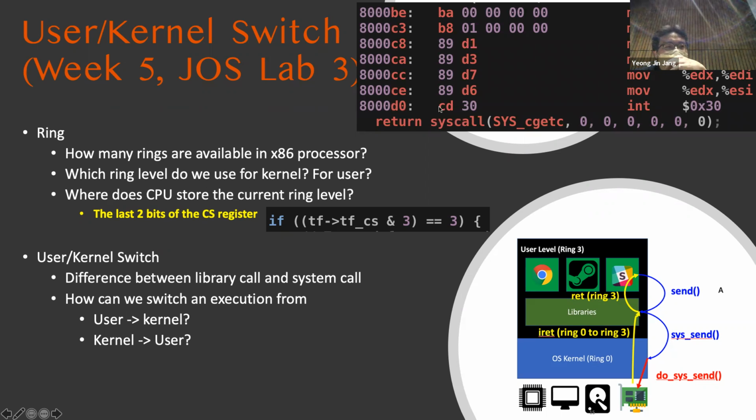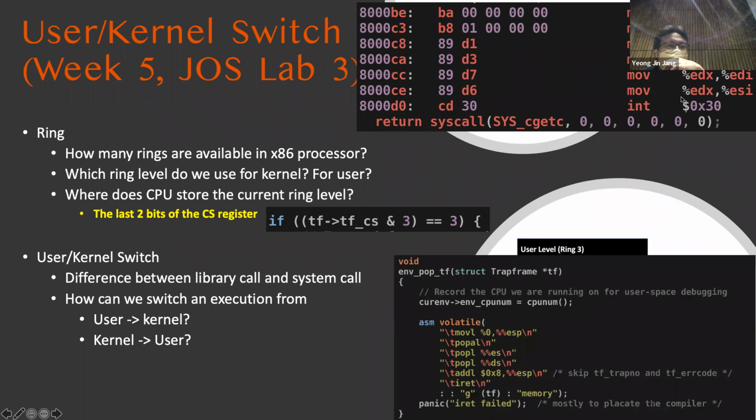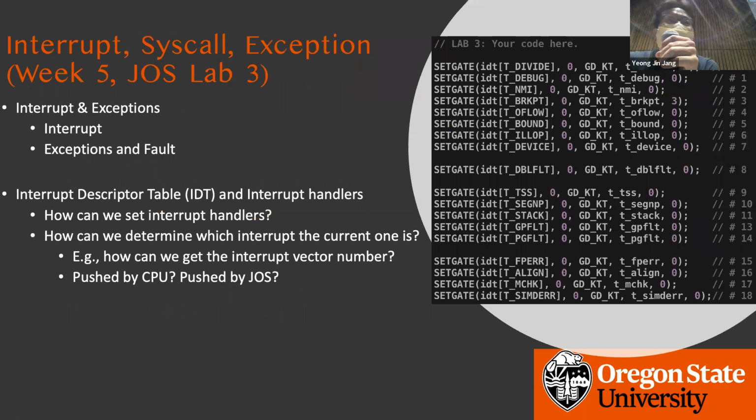To invoke the system call, we can use these kinds of instructions. To return back to the application, internally in JOS we use the EFLAGS popf, but the specific instruction that does that is iret. To support this user-kernel switch, we need to implement all the interrupt handlers, because we implement the system call via interrupt handling on 0x30.